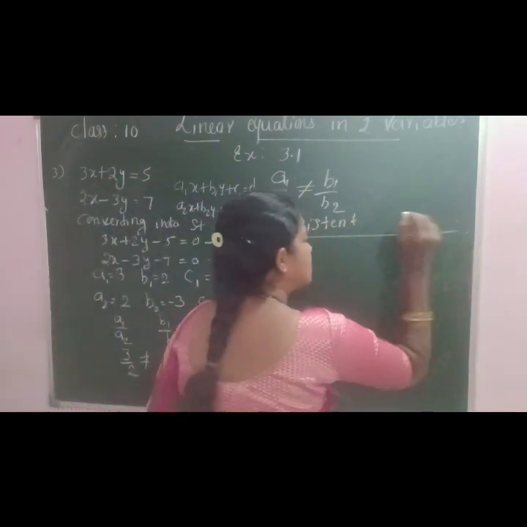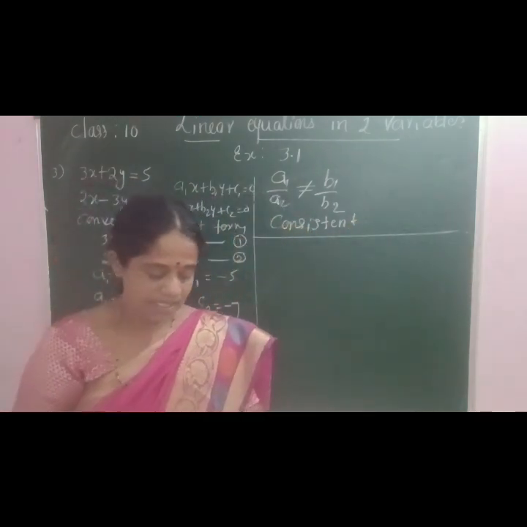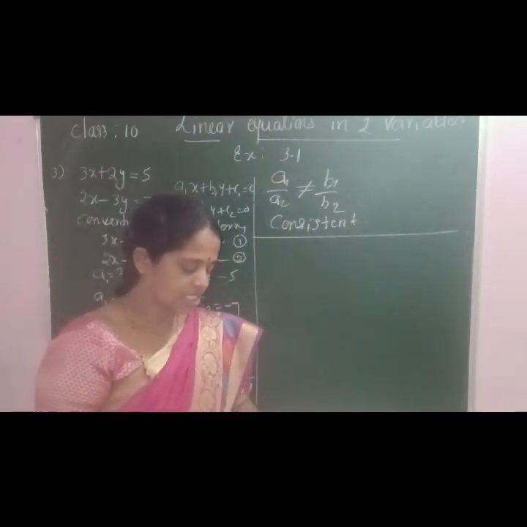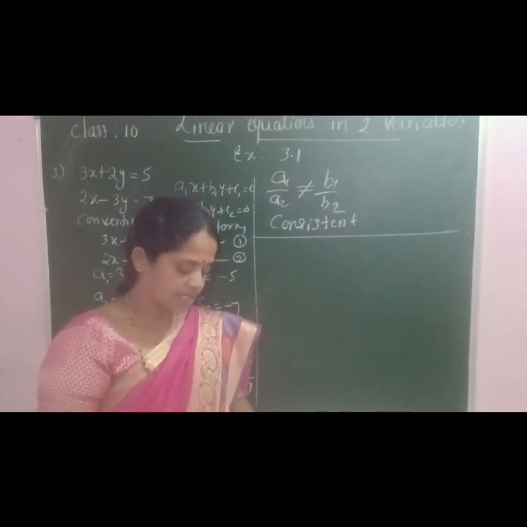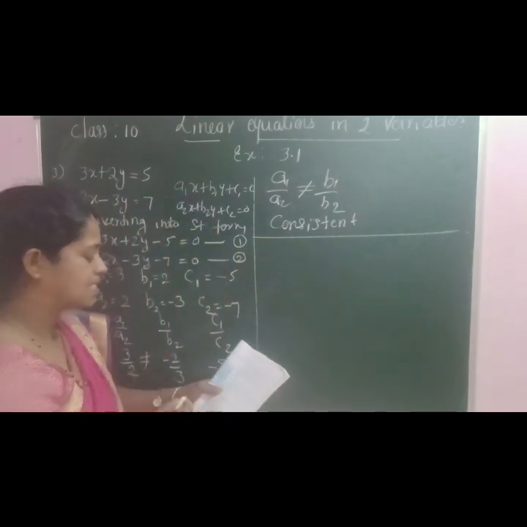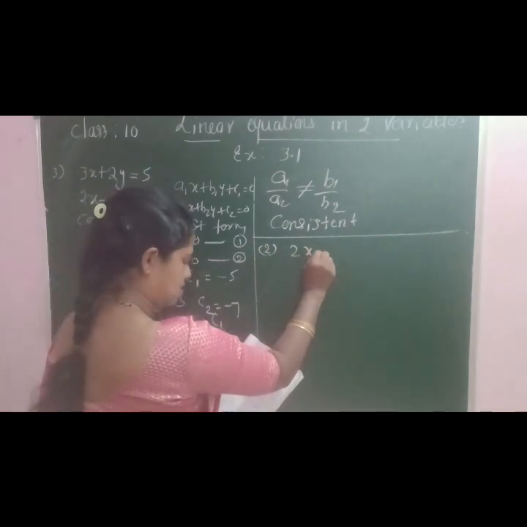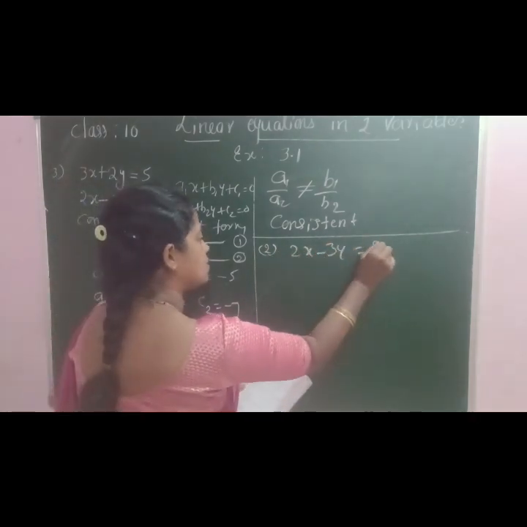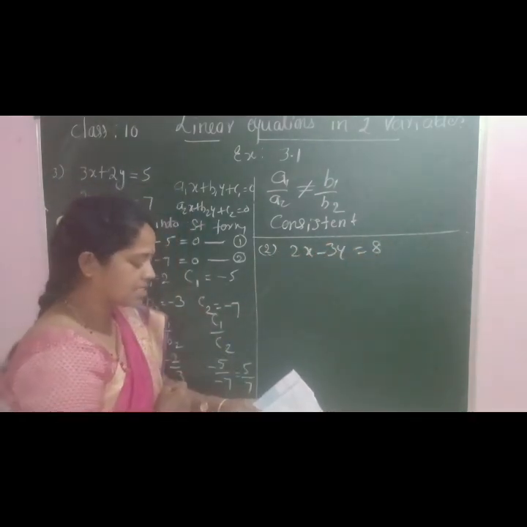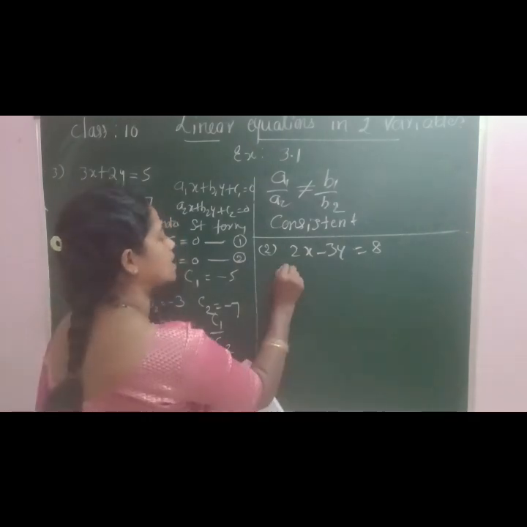Okay, similarly the next problem, the second one: 2x minus 3y is equal to 8, and next, 4x minus 6y is equal to 9.